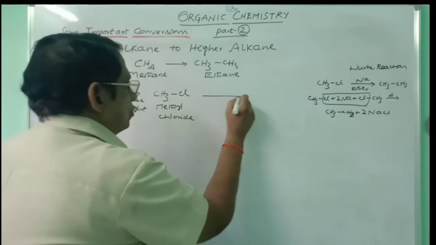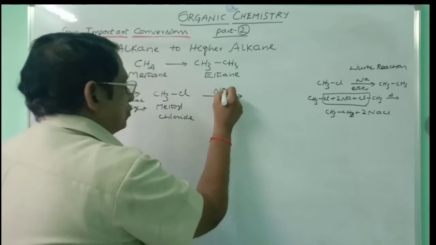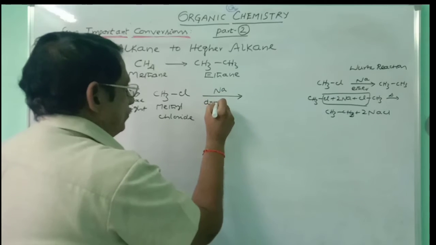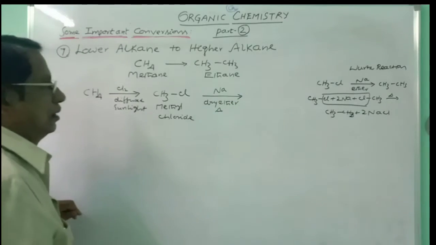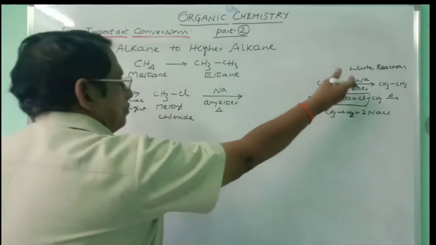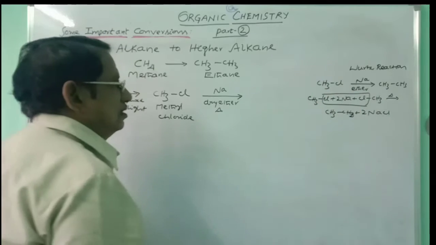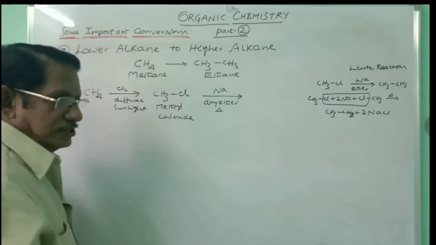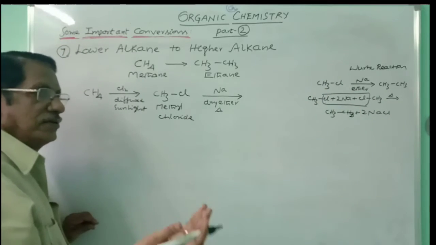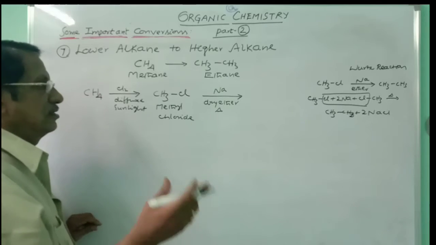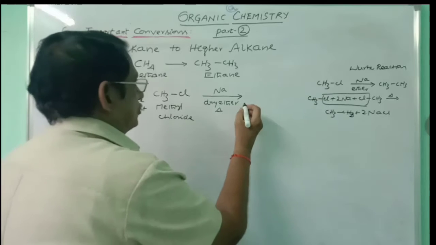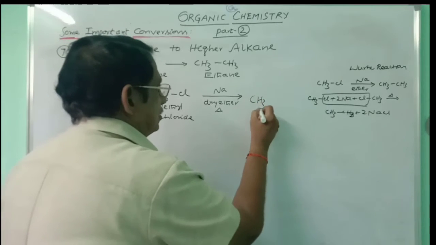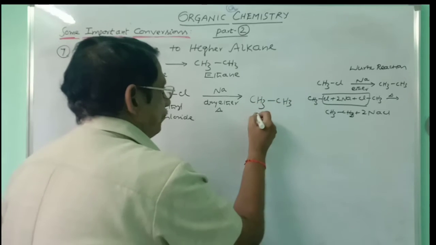This is now heated with sodium in the presence of ether. Thereby, as in the previous case, methyl chloride undergoes Wurtz reaction, giving you an alkane having twice the number of carbons as in the parent alkyl halide. So it will be converted into CH3-CH3.